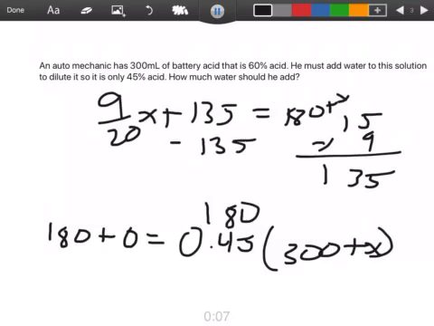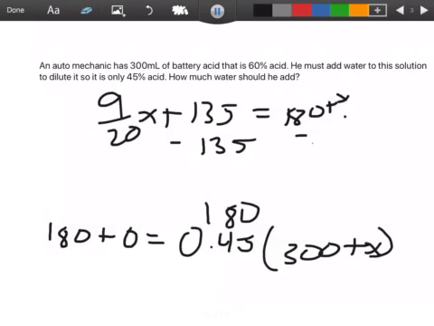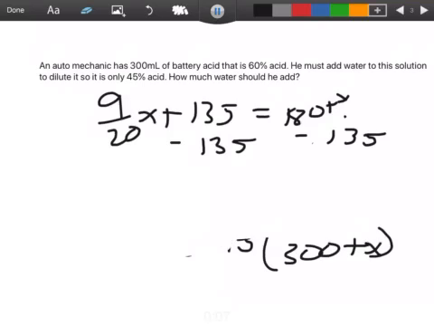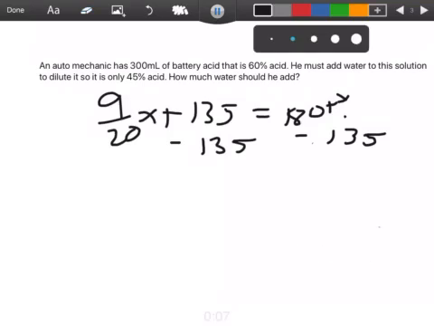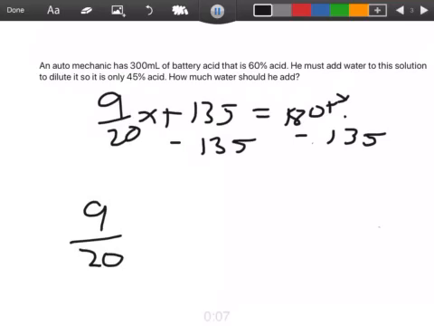If you subtract 135, then we have 9 over 20 x equals 45.